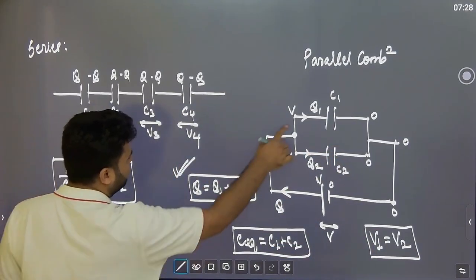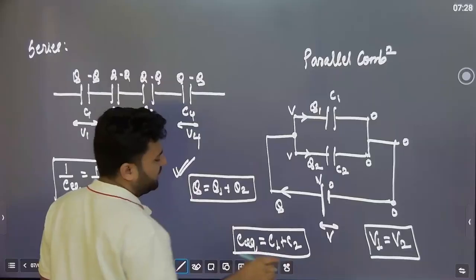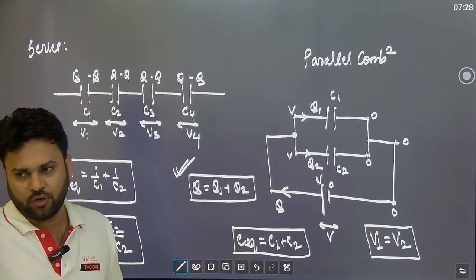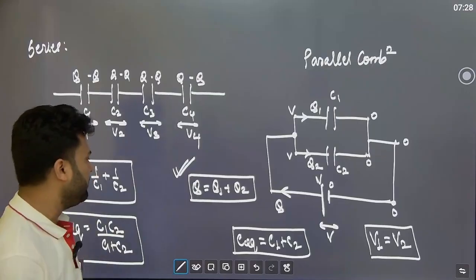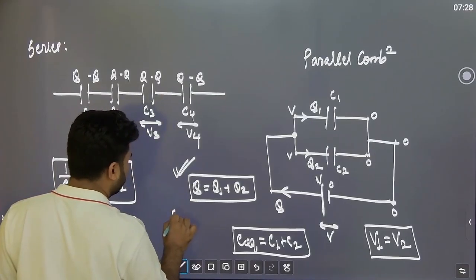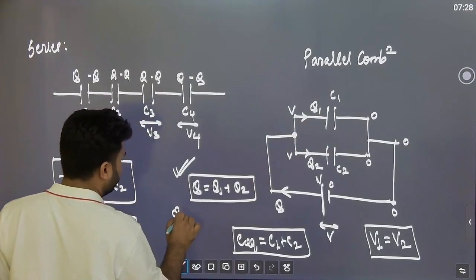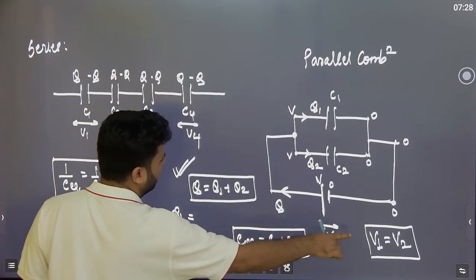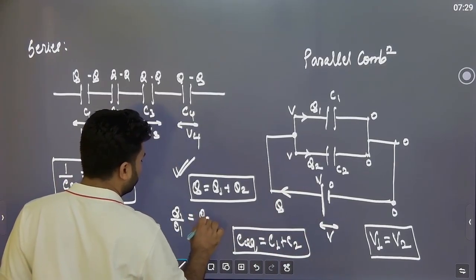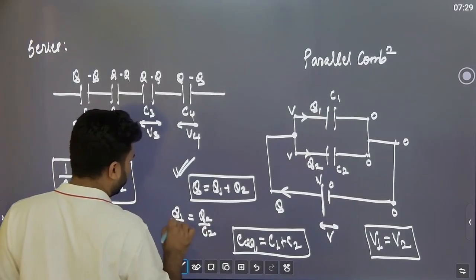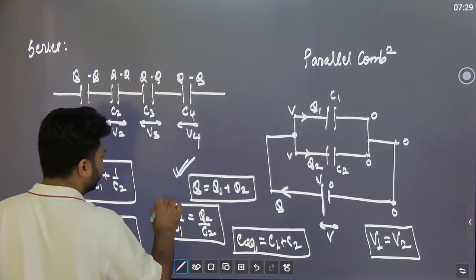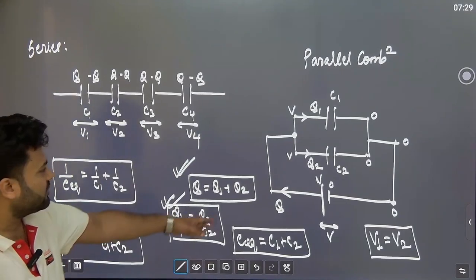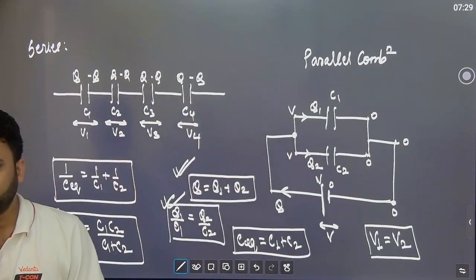See, Q equals CV, so V equals Q by C. So can I write potential across first capacitor, Q1 by C1, equals potential across second capacitor, Q2 by C2. Using these two equations we can find the charge, because they ask what is the charge on the capacitor.